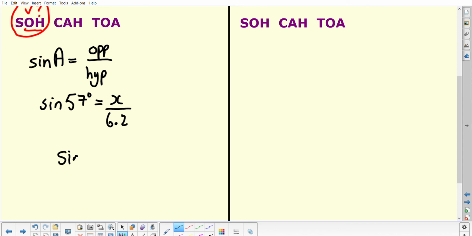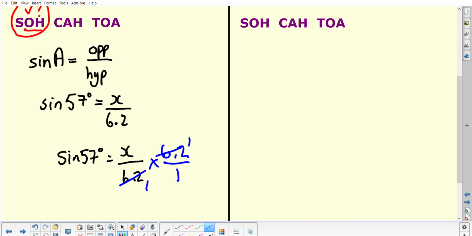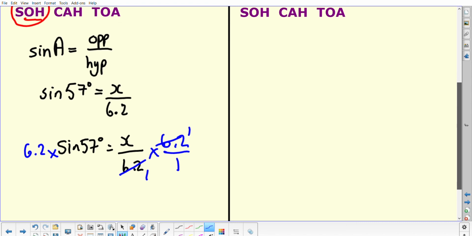So sine 57 equals x over 6.2, and if I times here by 6.2, I would be able to cancel the 6.2, and that would get rid of my fraction. But of course, if I multiply by 6.2 on the right, I'll also need to multiply by 6.2 on the left.